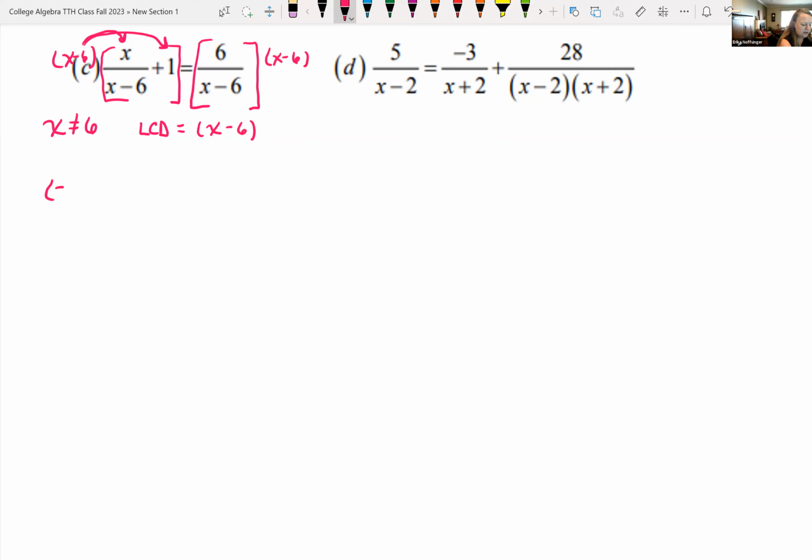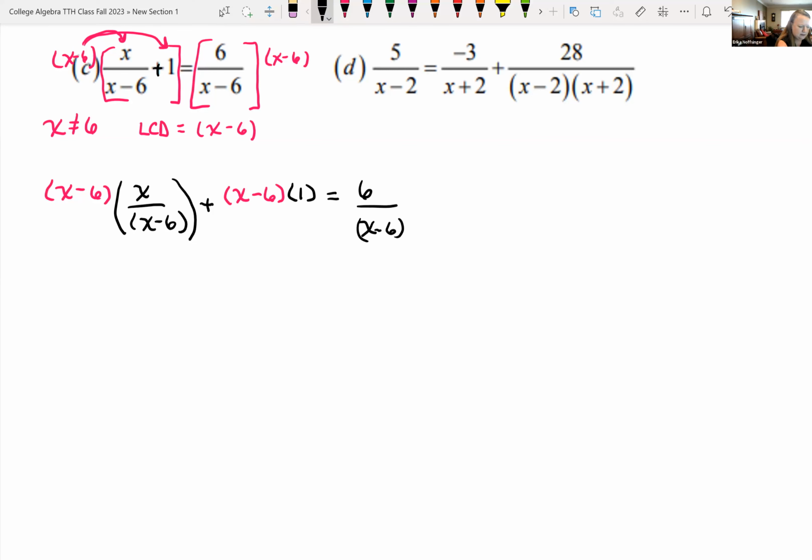So doing that, we would get x minus 6 all times the quantity x all over x minus 6, plus x minus 6 times 1 is equal to 6 all over x minus 6 times x minus 6.